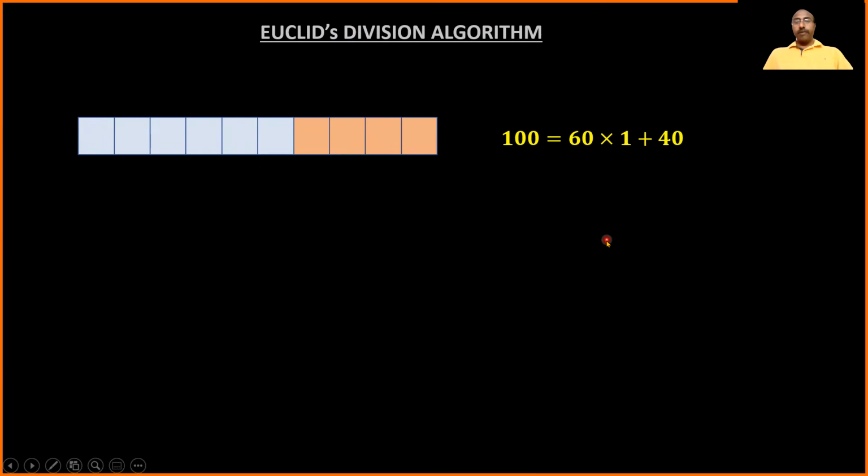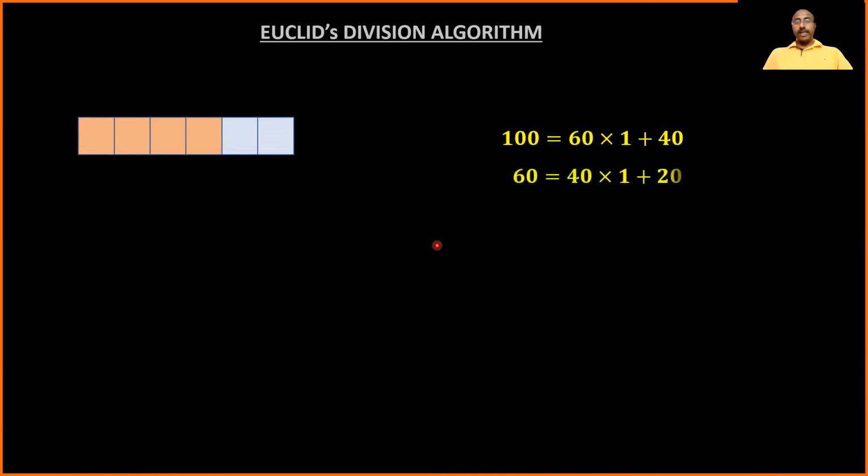Okay. Now again, divide this 60 by the remaining 40. So we can measure 60 by 40 one time and we are left with 20. Okay. So now we can write this as 60 is equal to 40 into 1 plus 20.